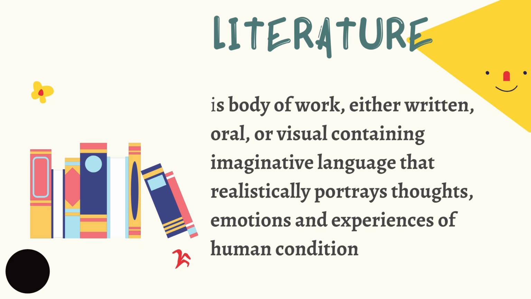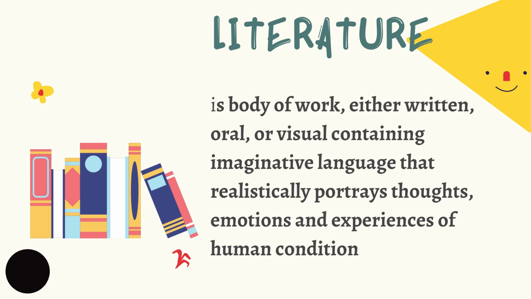We consider oral and visual part of literature because before, writing was not yet in use, right? All of the stories, all of the literature that we have now are orally passed down. And also we consider images, sculptures as part of literature, right?